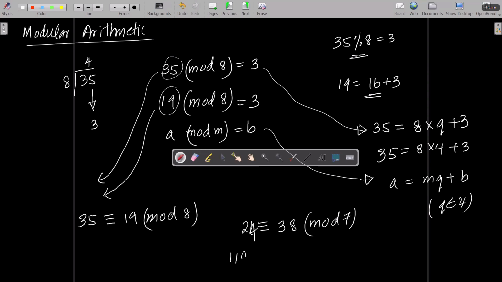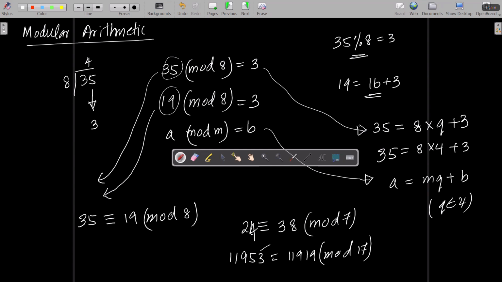How about this? Is this correct? Can you do it by your head? You can't, right? Because no, actually you can do this. It's not a big deal, but there is an easy way to do this.